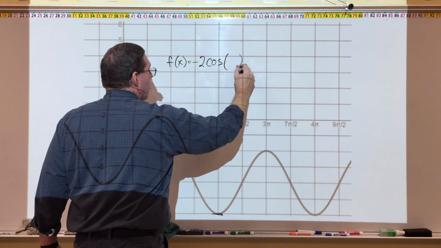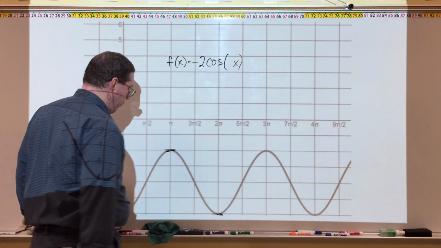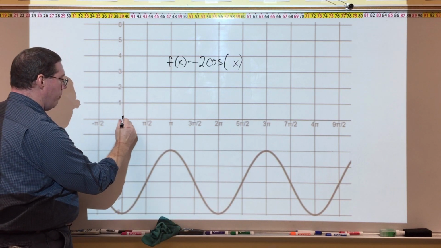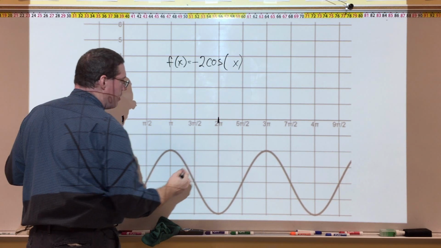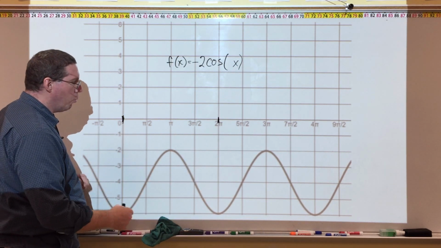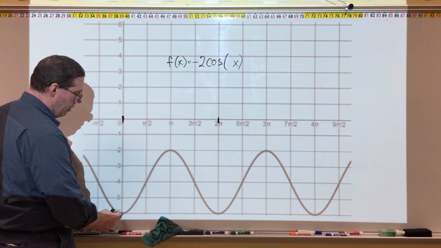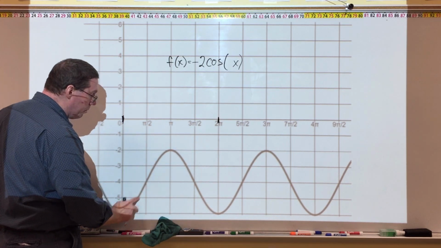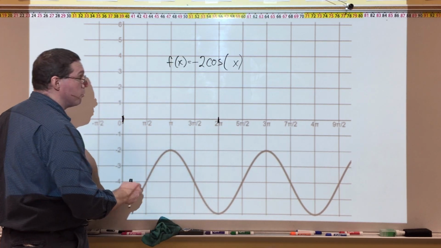We've got to find out what's going to go inside with the x. What's the frequency? And so we're going to go from 0 up to 2 pi and see how many full, complete waves there are. We start down here. We go up and then down, and then it stops. That's one complete cosine wave between 0 and 2 pi.